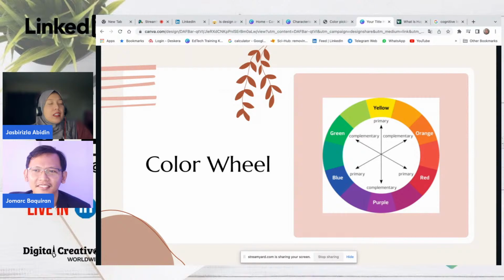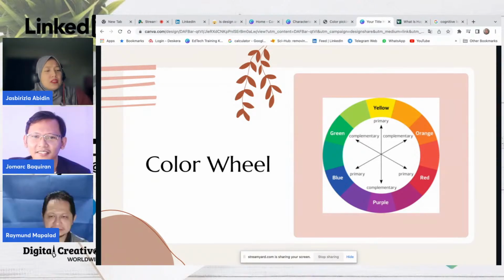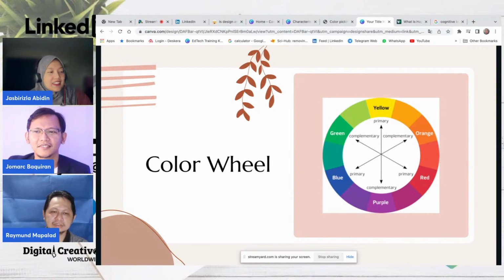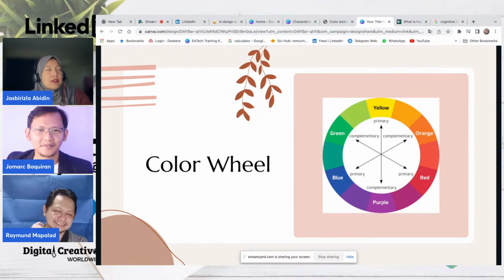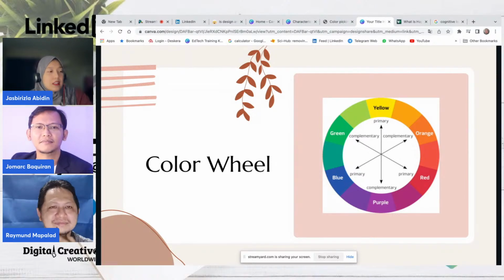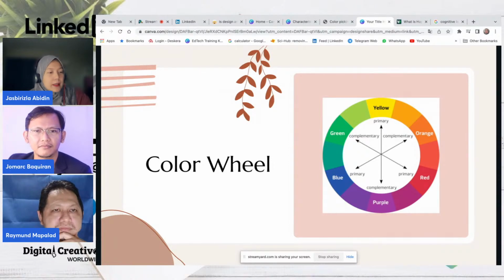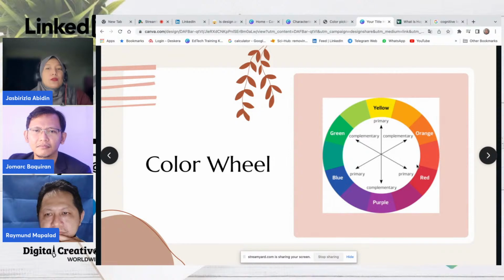I'm actually quite surprised. So when I did some researching, like who first found this color wheel, it is Sir Isaac Newton. So in 1706, he developed this color wheel and rotates it into progression to develop all these colors.